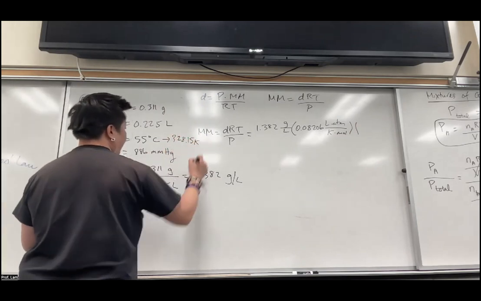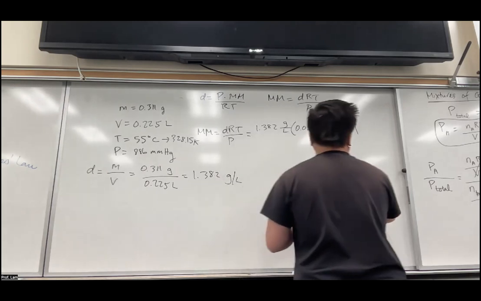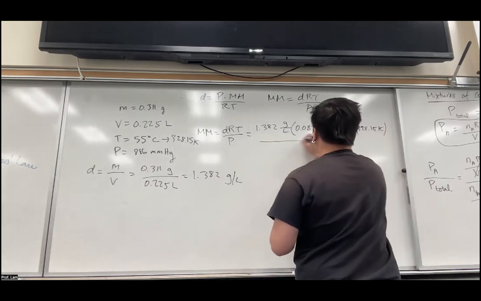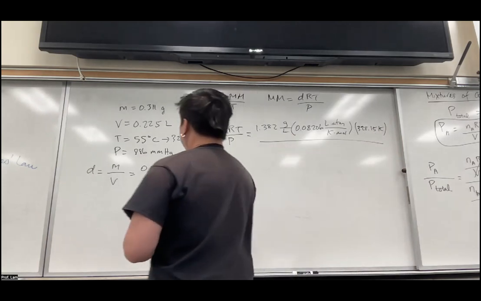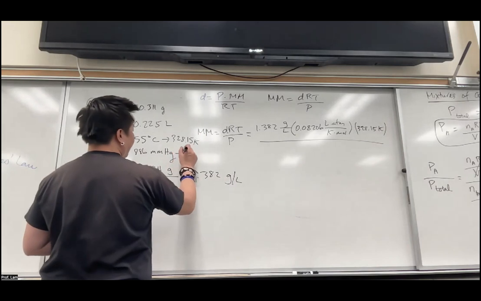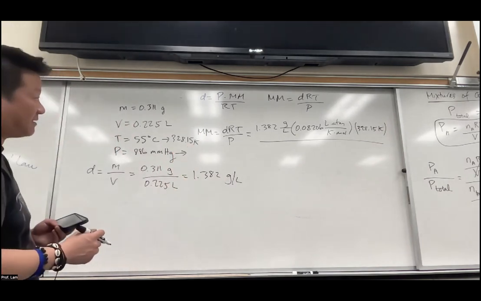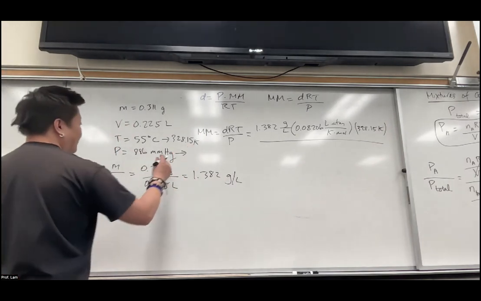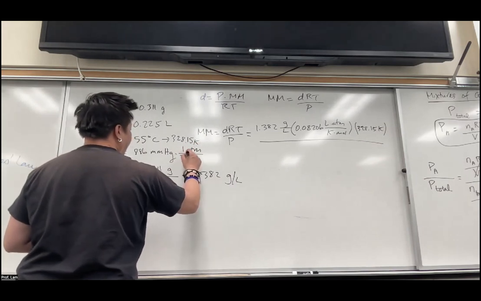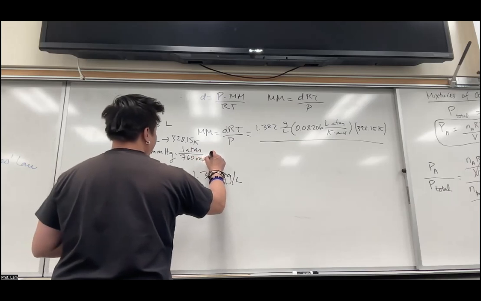328.15 Kelvin, right? So 328.15 Kelvin. Divide by pressure. Our pressure is not in ATM yet, so we convert that by dividing by 760, right? 1 ATM on top, 760 on the bottom.